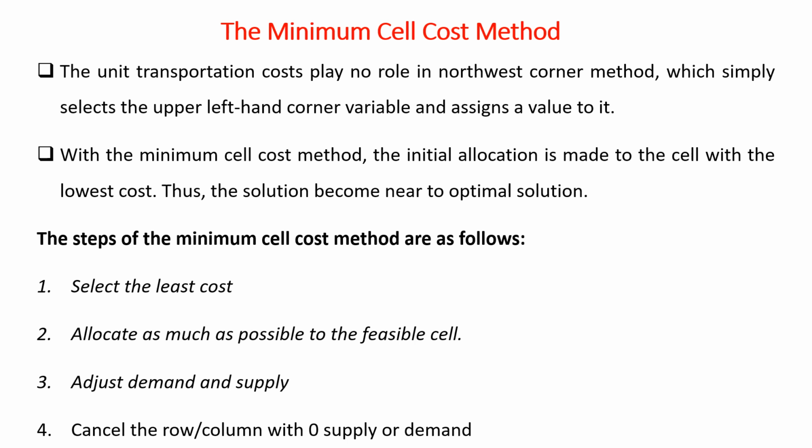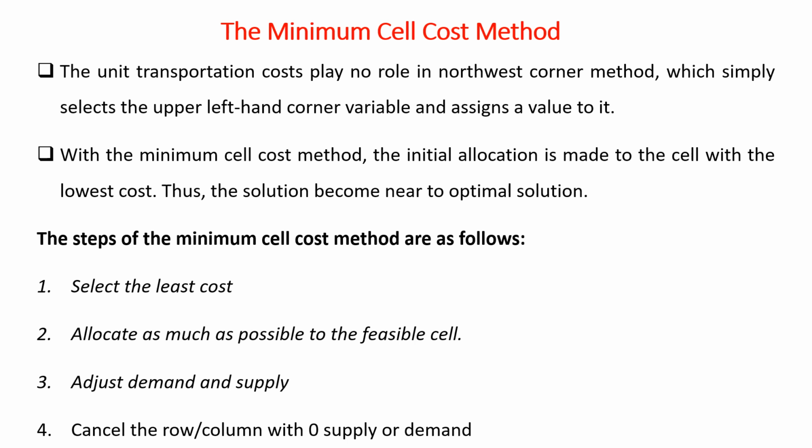Let's move to the minimum cell cost method. By the way, the unit transportation cost played no role in the northwest corner method. We didn't consider any cost, whether it is small or not, so we just ignored the unit transportation cost in the case of the northwest corner method, which simply selects the upper left hand corner variable and assigns a value to it.